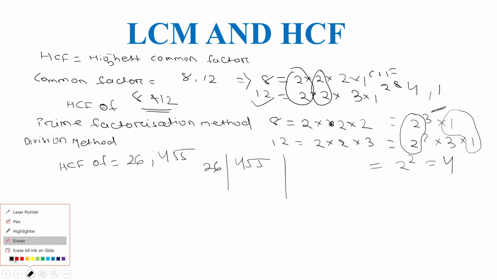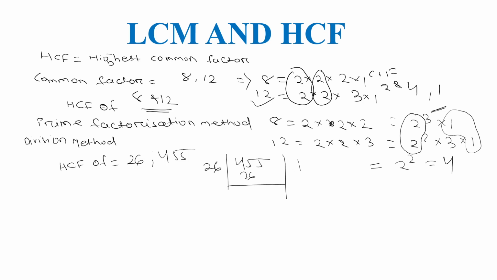Okay, 26 into 2 is 52, so let us take one only, 26. Then there will be 195. If we divide by 7, it will be 182. So the remainder will be 13, and we need to divide 26 again by the remainder.